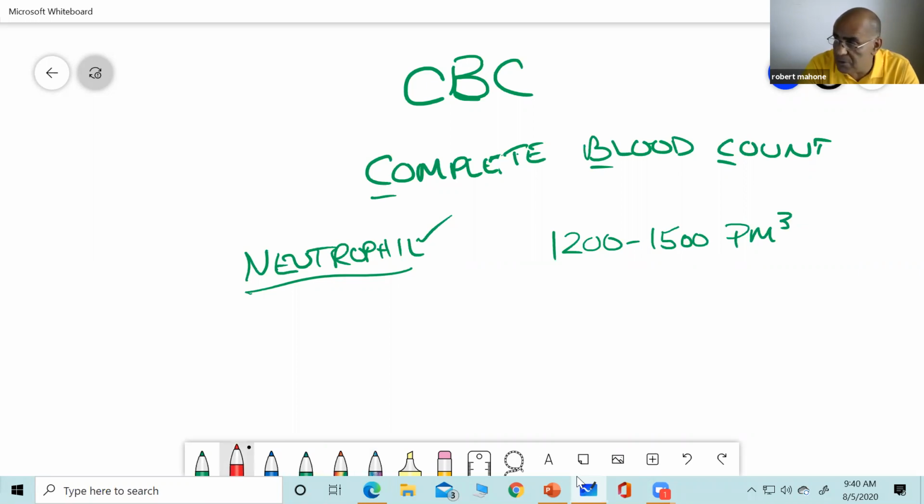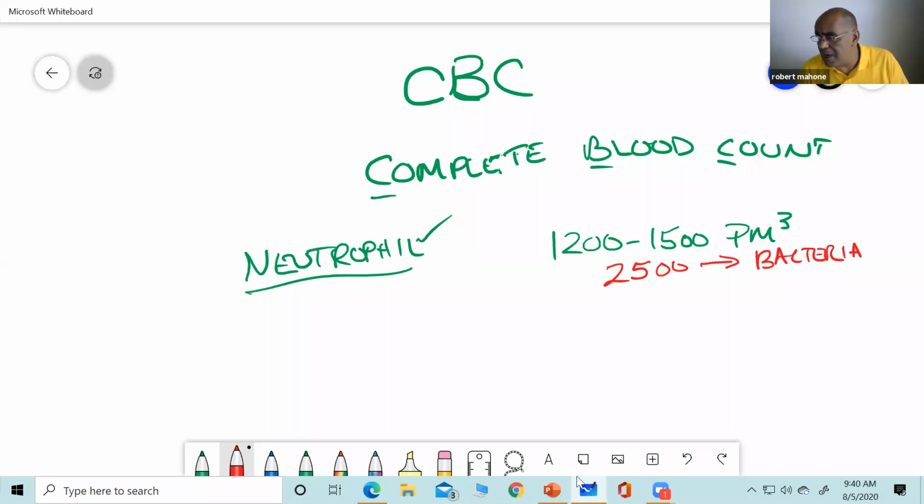For example, your neutrophil count is 2,500. That's way above normal, which means what's happening in your body is fighting off a bacteria, because that's what neutrophils are responsible for. So that's why the doctor wants a CBC, to try and figure out what's going on in your body. If your neutrophil count is elevated, it's a bacteria.